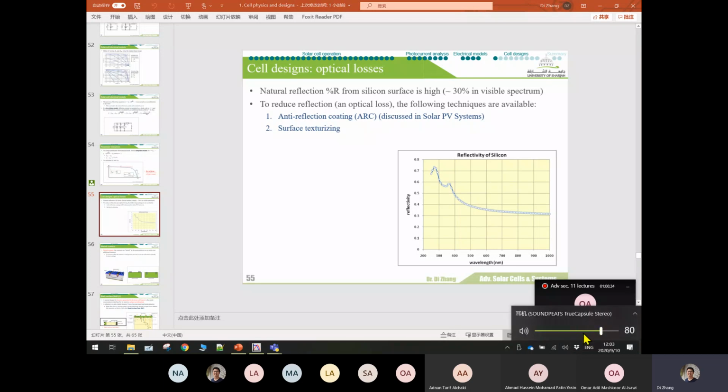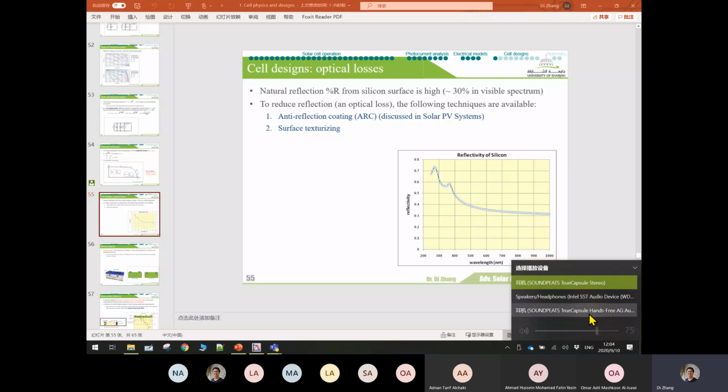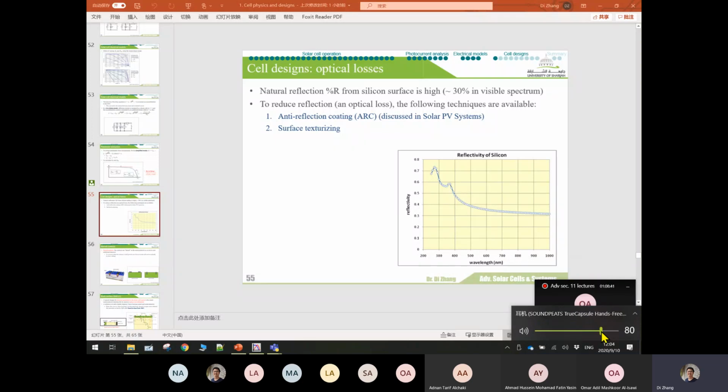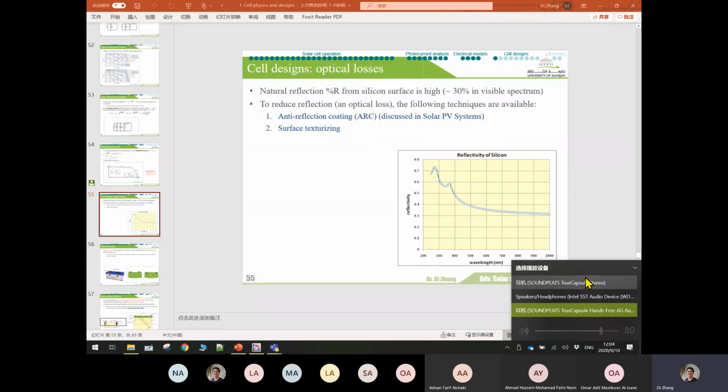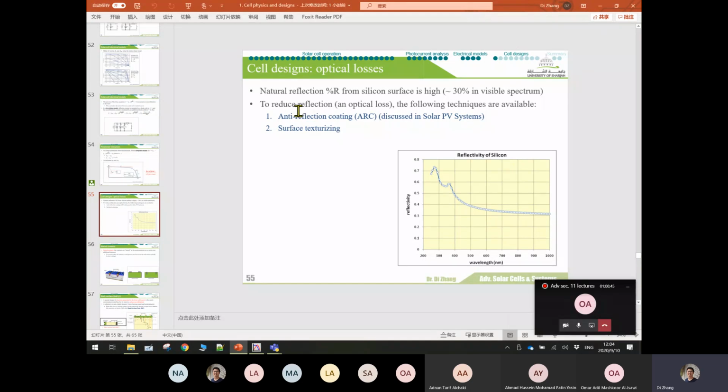For that, you can try the two approaches that we mentioned in Solar PV. One is using the anti-reflection coating. The second approach is surface texturizing. These two methods we already talked about, so there is no need to repeat them here.